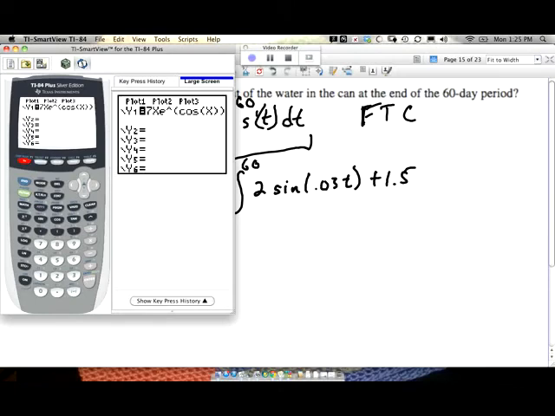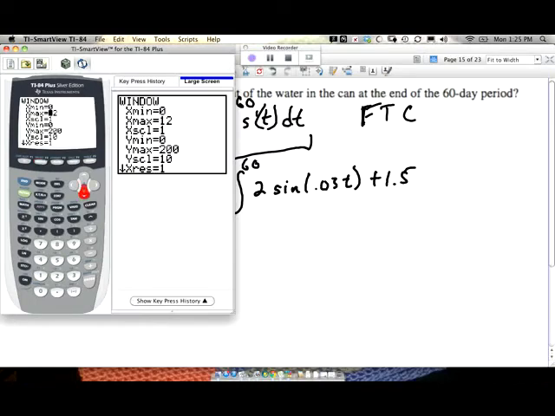All right, so go into my calculator, y equals 2 sine 0.03 times the variable, and then plus 1.5. There we go. Now when I'm looking at my window, I know I'm going from 0 to 60. Now the height in millimeters is probably not going to go up to 200. Maybe it does. That would be quite a bit.